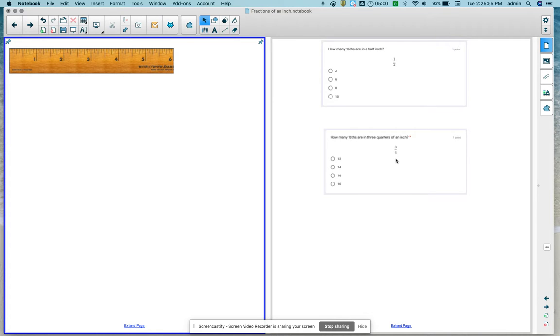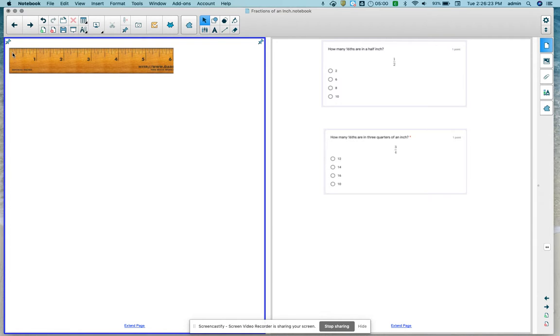Another question on your assignment said, how many 16ths are in 3/4 of an inch? So I could say to myself, what is 3/4 of 16? If you're good at math, you know that 3/4 of 16 is 12, because 3 times 4 is 12. But if we're not sure, we go back over to the ruler, and I know that this is my 3/4 line.